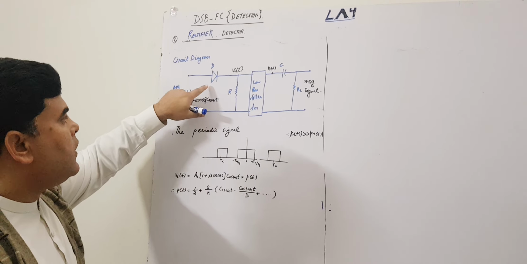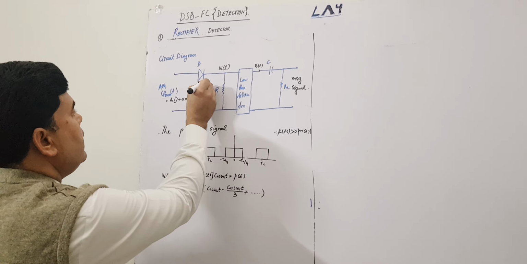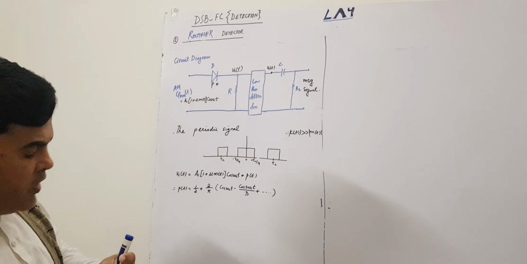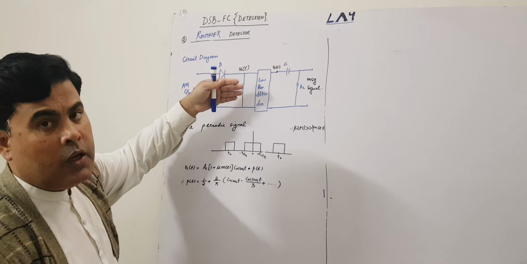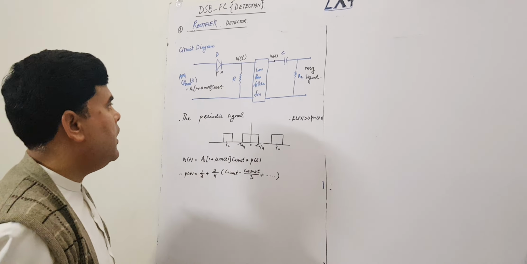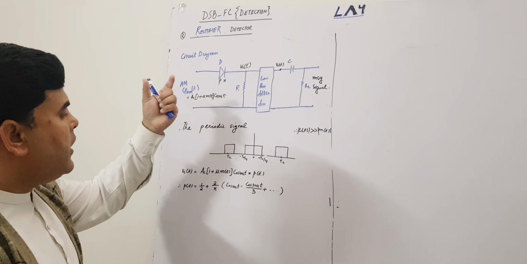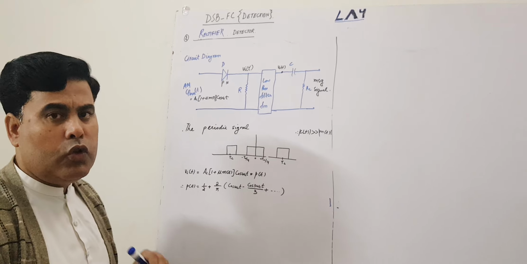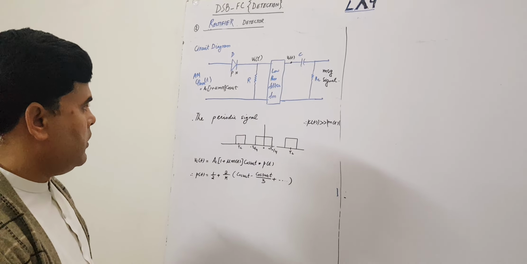This is the diode, whose this side is P and that side is N. If the P side is getting the positive cycle, the diode works as forward bias. But if the P side is getting the negative cycle, the diode works as reverse bias. In forward bias, the diode acts as a closed switch, and in reverse bias, the diode acts as an open switch.